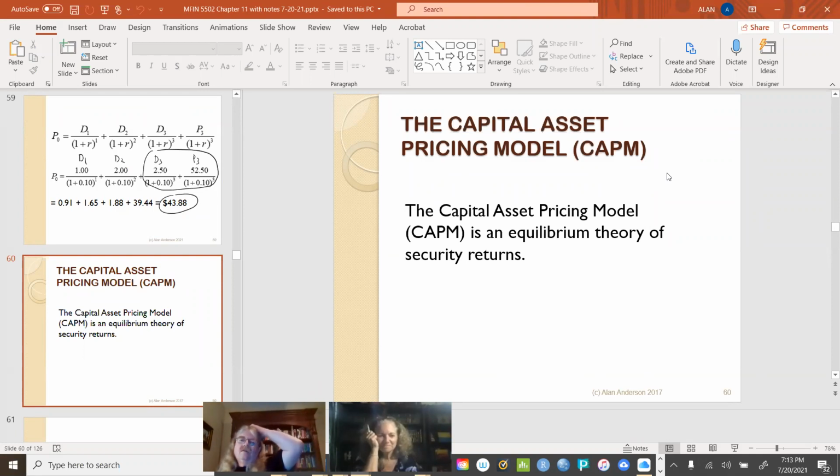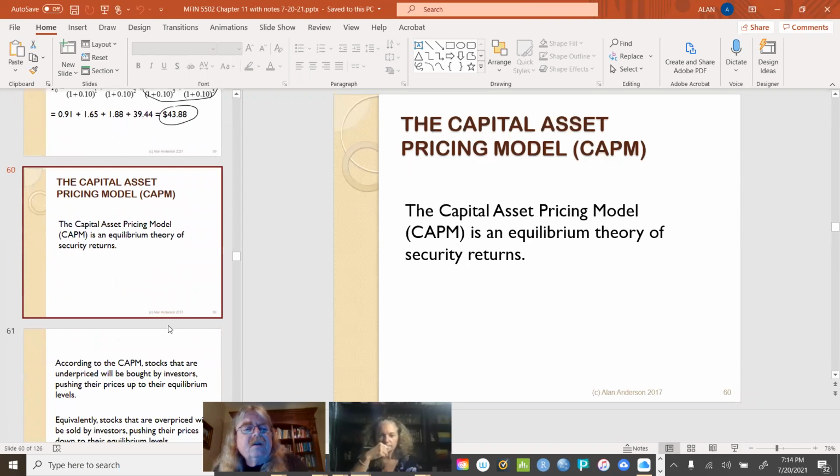Anyway, so now remember, the whole purpose of this chapter is to understand models that help us understand the pricing of stocks. And with the capital asset pricing model, we're developing a framework to help us understand how risk is determined and how that relates to rates of return. So we're not really pricing stocks so much as trying to understand the relationship between risk and return in the stock market. So the CAPM model is the theory of security returns.